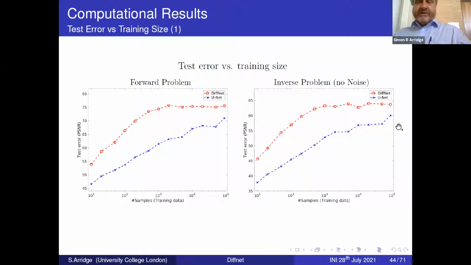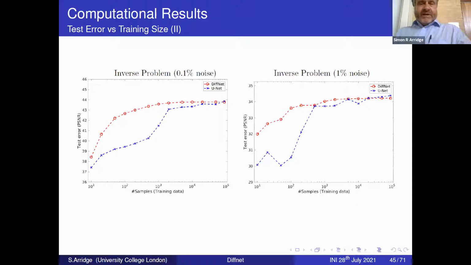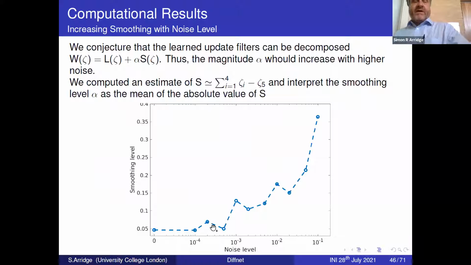Similarly, in the inverse problem with no noise, we consistently have a higher PSNR, especially where we have low numbers of samples, which is one of the advantages. In the inverse problem with different levels of noise, we again see consistent effects, but here the convergence comes earlier, and with higher noise, the similarity in performance becomes more apparent with fewer samples.